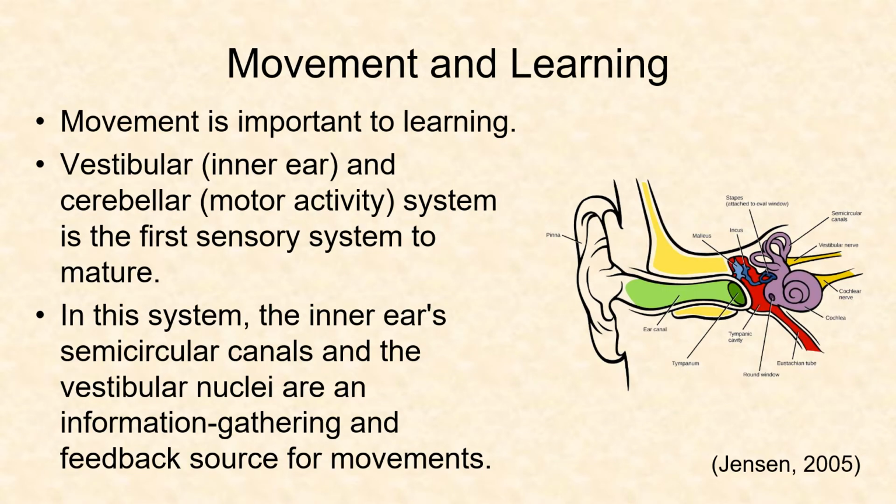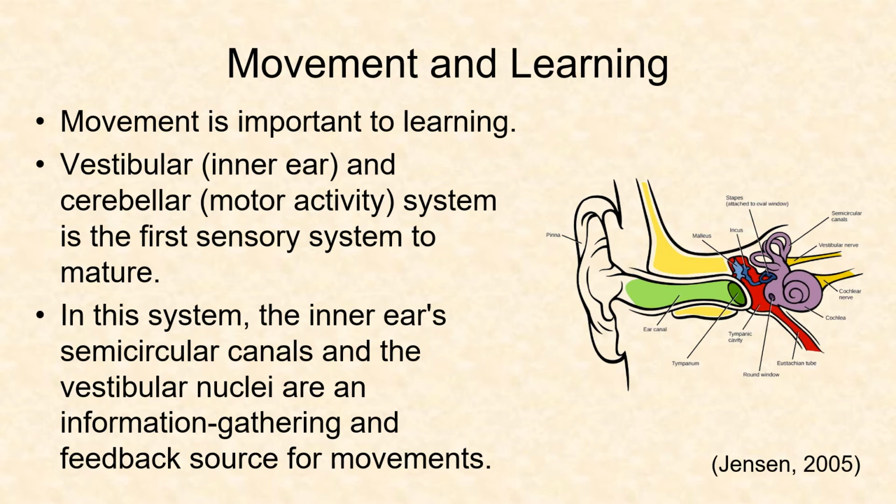We find that movement is very important to learning. Let's consider another part of the human anatomy, the inner ear, known as the vestibular system. When we look at the vestibular and the cerebellum, the cerebellar system is the first sensory system to mature.